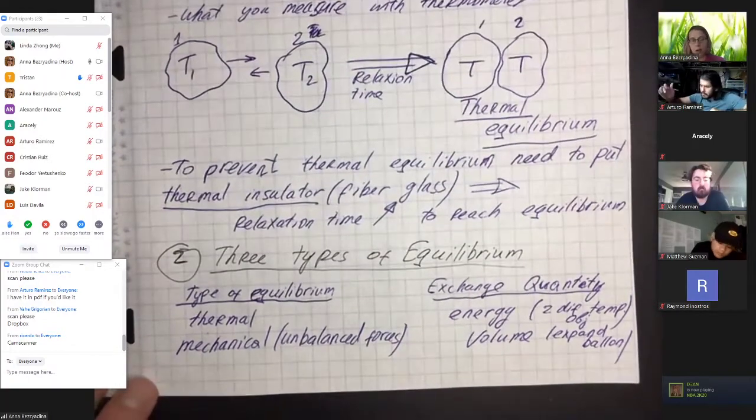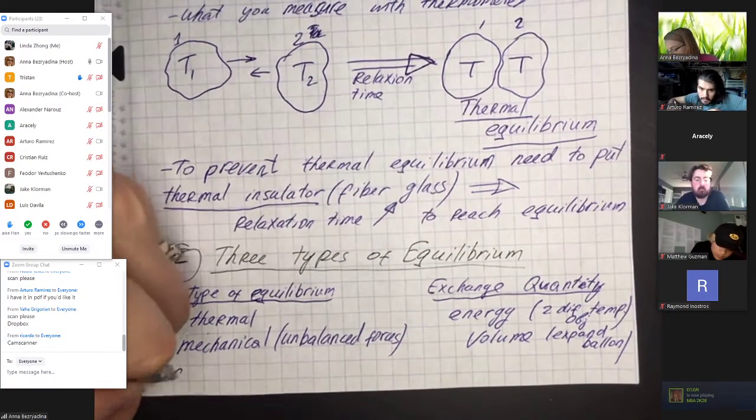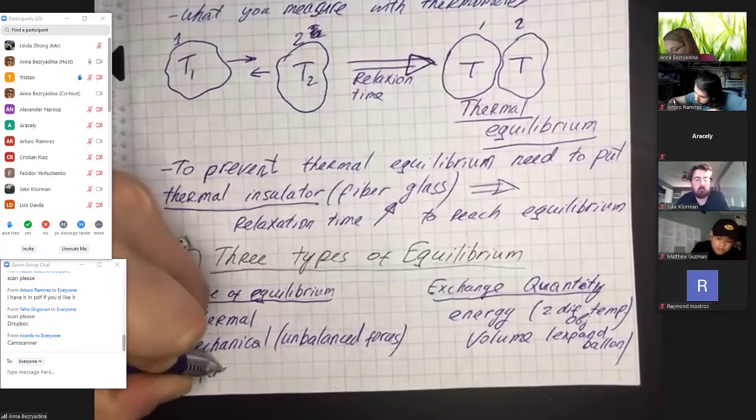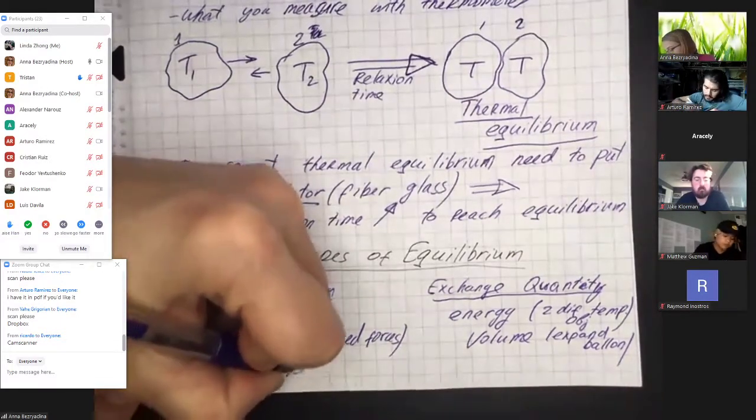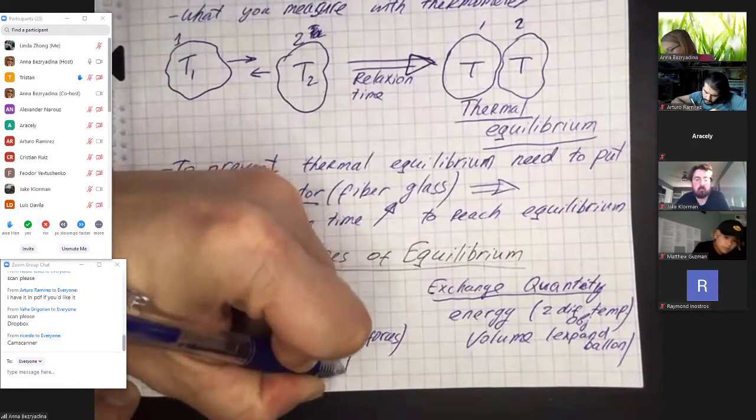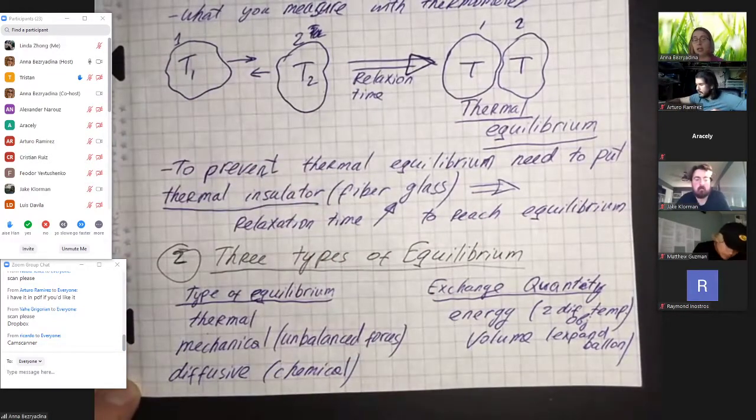And the final one is diffusive, chemical equilibrium. Here the exchange quantity will be particles.